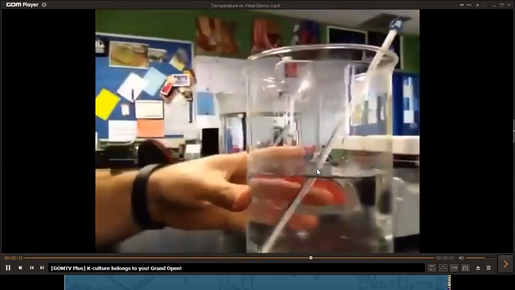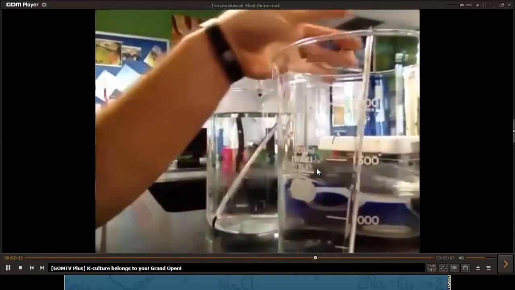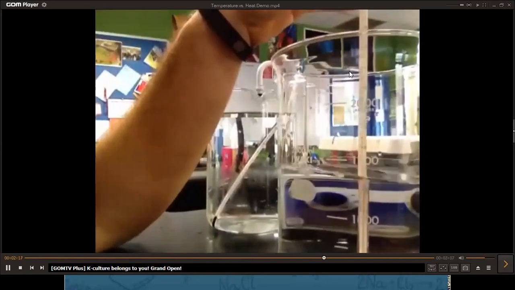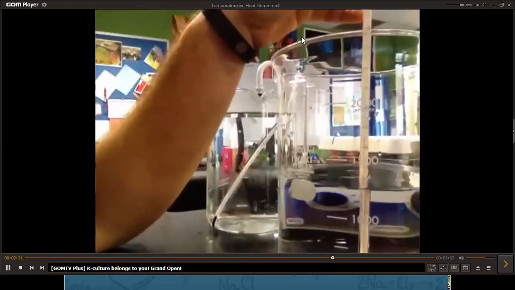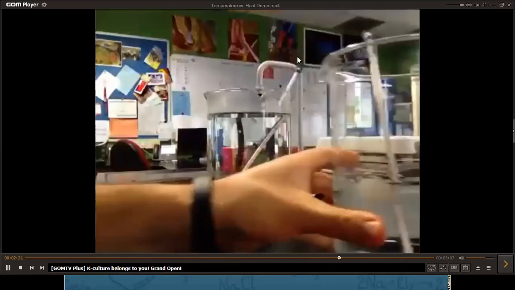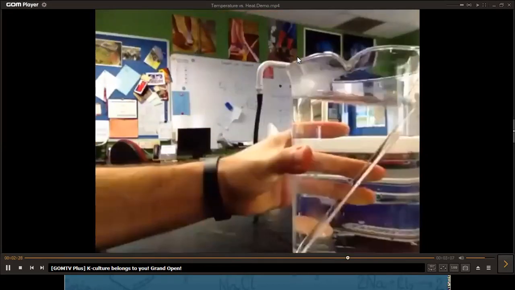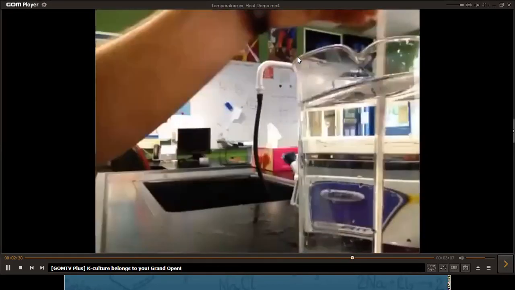Now watching the two, here's what we see. If we look at our temperature gauge, on our first, we see that where the cold water went in, we only have just about 26 degrees Celsius. So it went up 6 degrees. Now our second beaker feels much warmer, and we'll check.